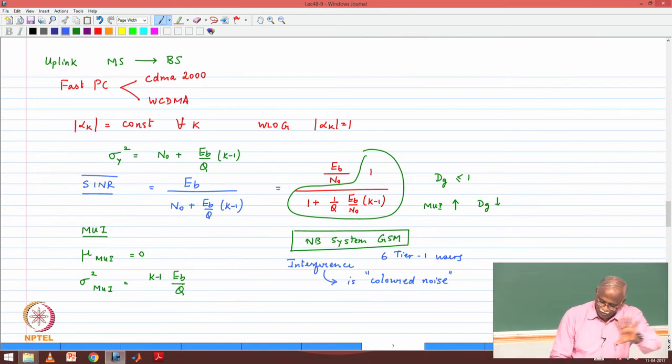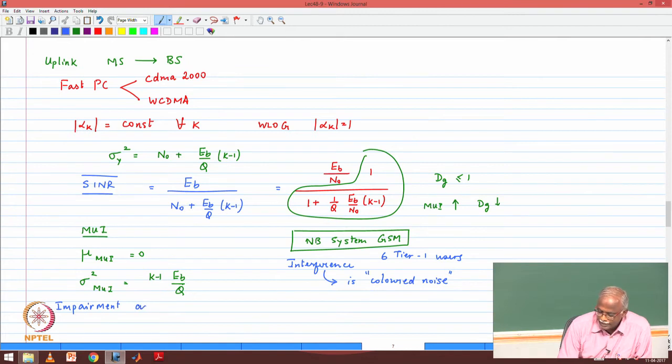On the other hand, if you move over to the CDMA system, what are we saying? We have a large number of users in the system. The multi-user interference now looks Gaussian, and therefore, our ability to work with this interference is somewhat different. So, the impairment in this case manifests itself like white noise.